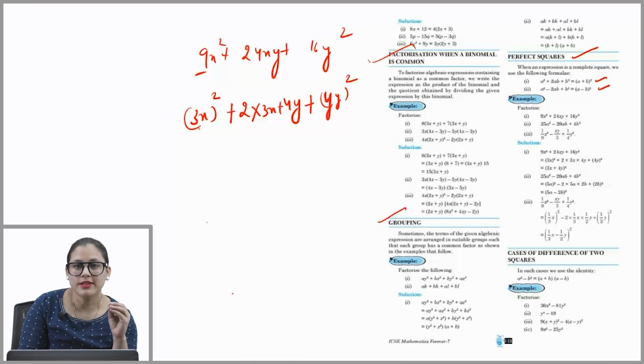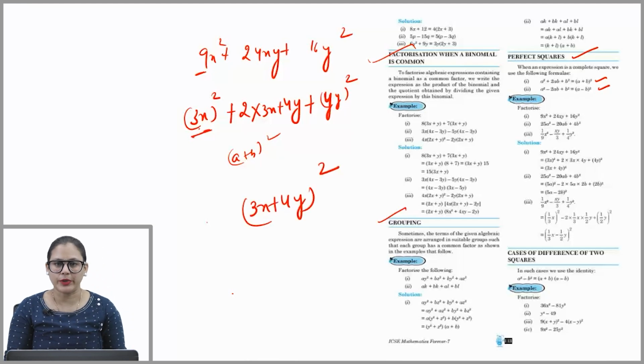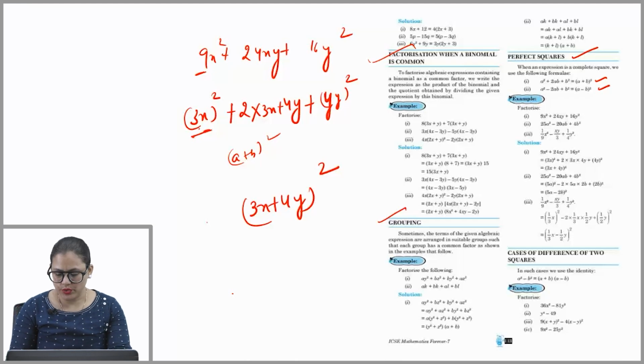Now this has become the identity a plus b whole square. So you will write 3x plus 4y whole square.